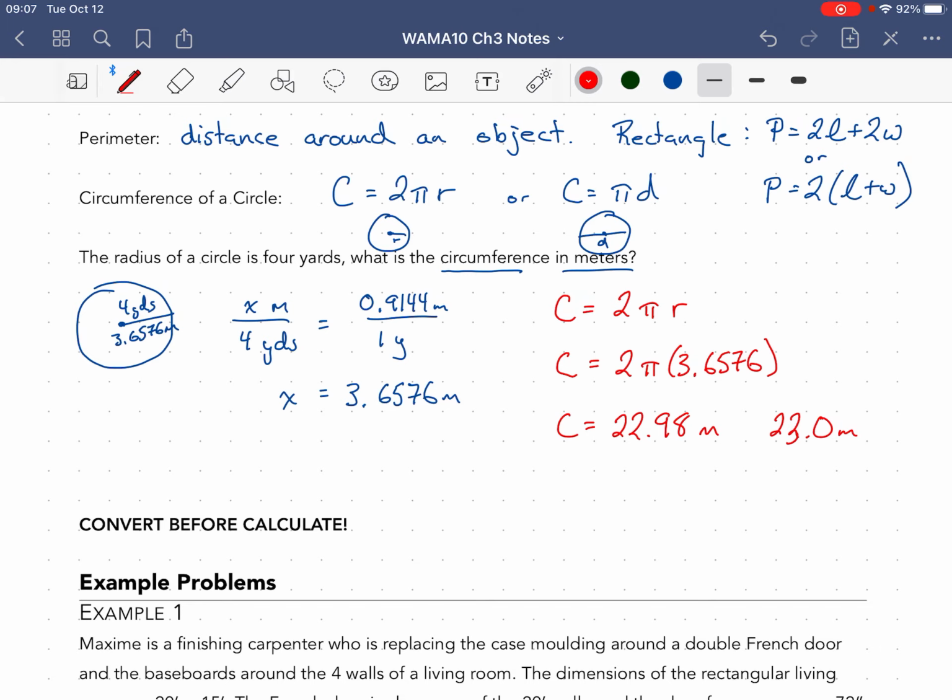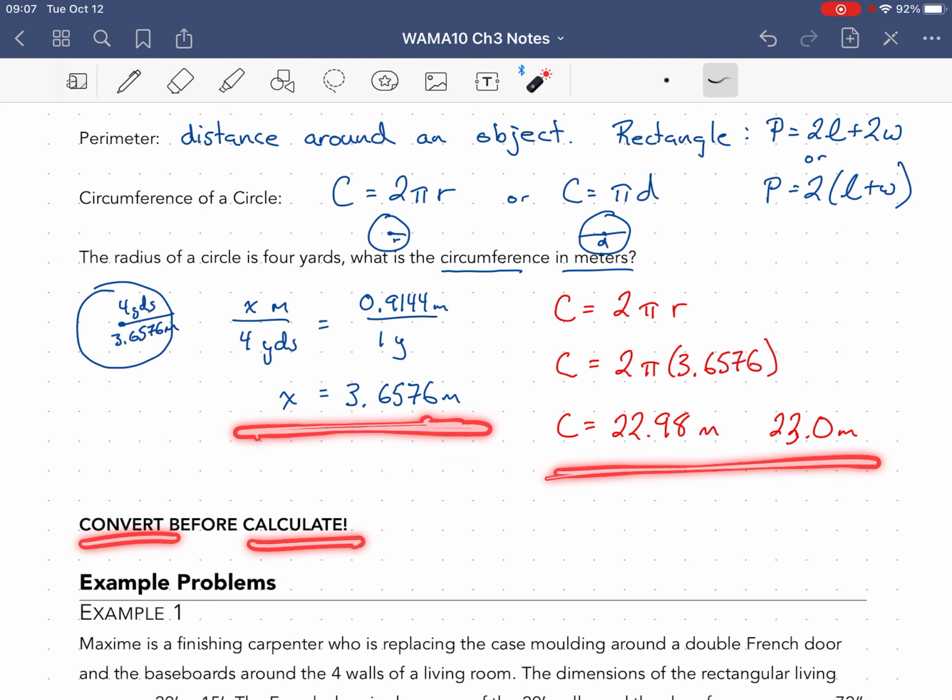It just depends on what the question asks. If the question doesn't say, you just do what you think is right. Okay, so important. Convert first, then calculate.